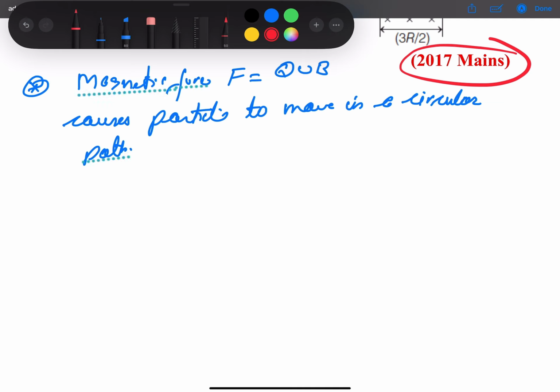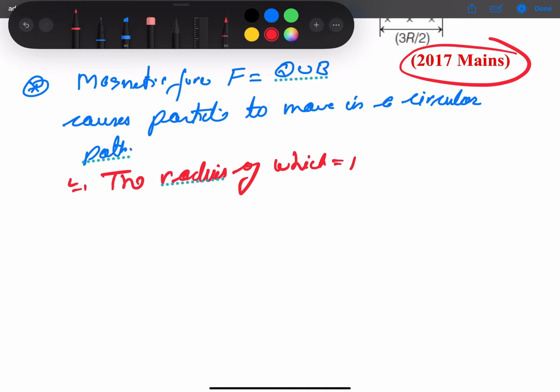And we can say the radius, if it is written as capital R, will be equal to, we can write it in the form of momentum, because momentum is given to us, that is p divided by qB.